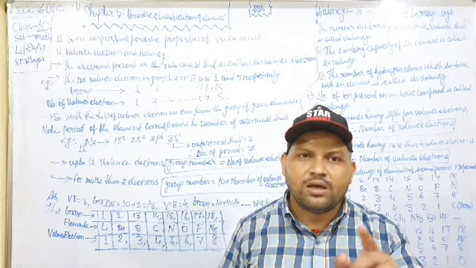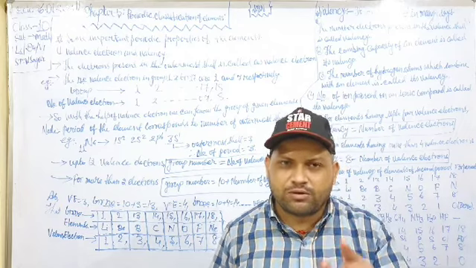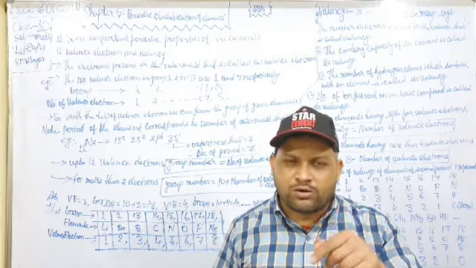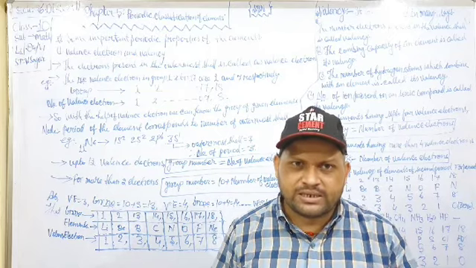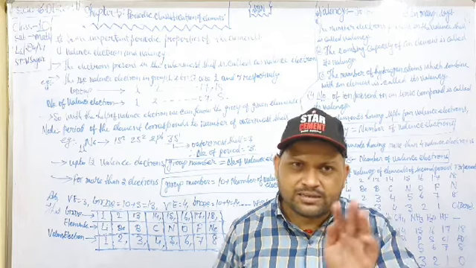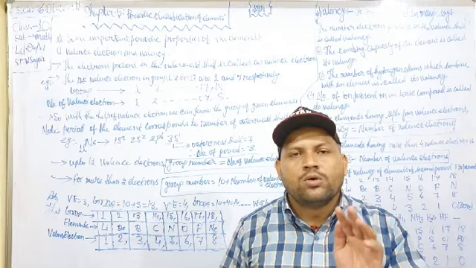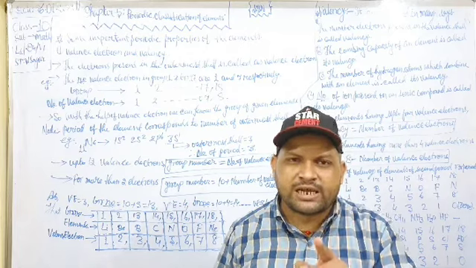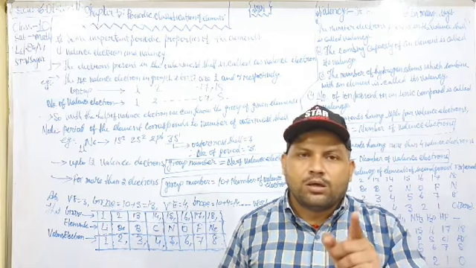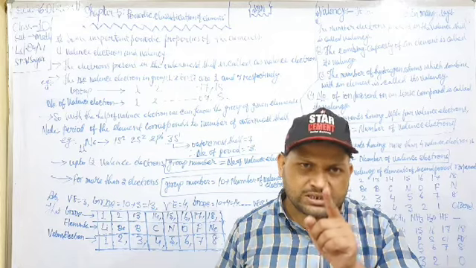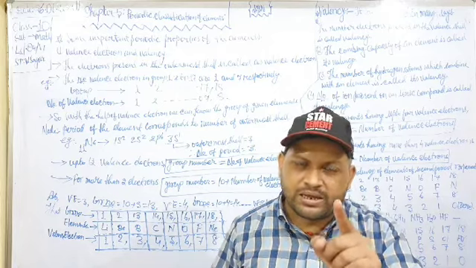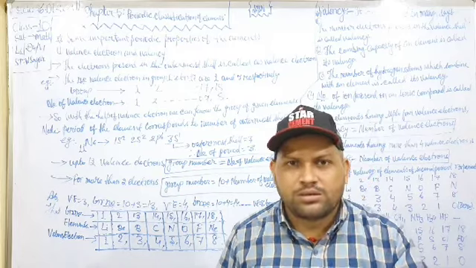After knowing the atomic number, we should write its electronic configuration, and after writing the electronic configuration, we should identify the outermost shell, and the outermost shell number is the period number of the given element.